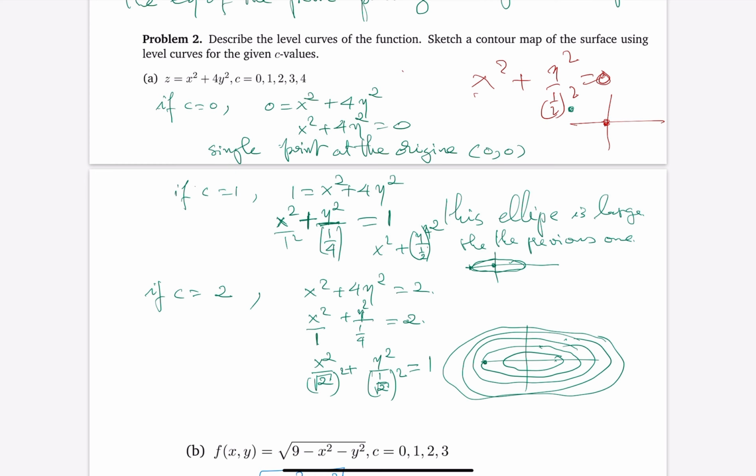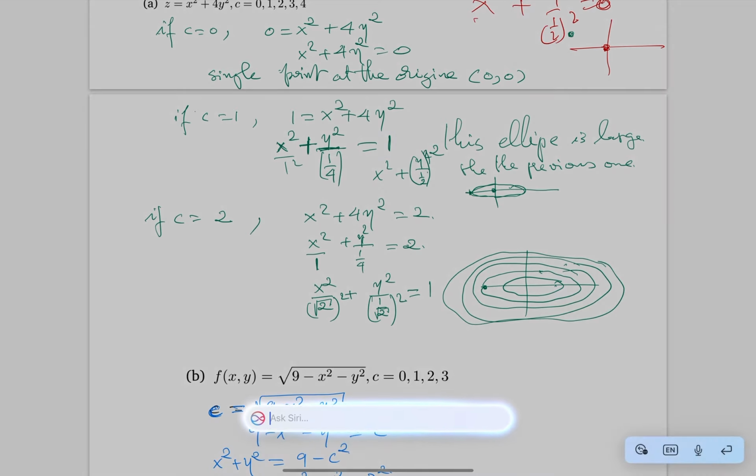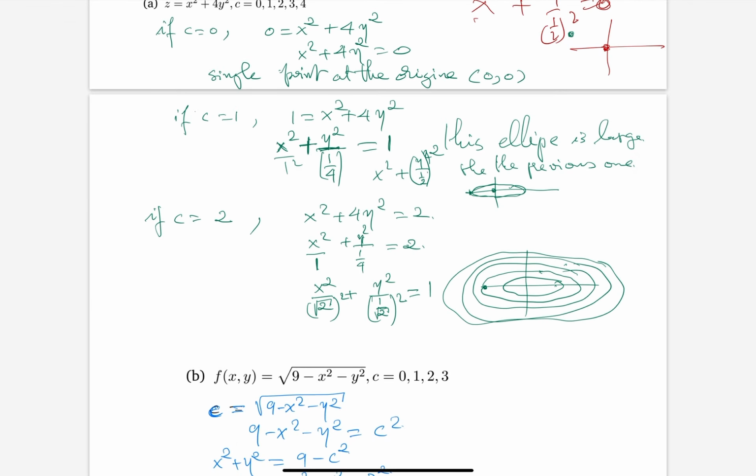Okay? The next one, if c equal to 1, you have this one. Just like I told you about the flipping, 4 is this one. So if you flip it again, you have x squared plus y squared over 1 over 2, squared. What does it mean?